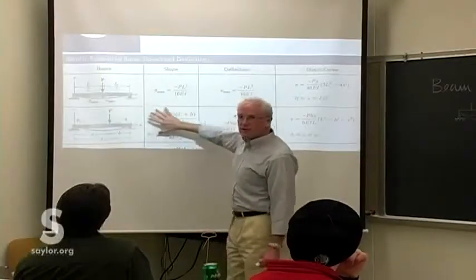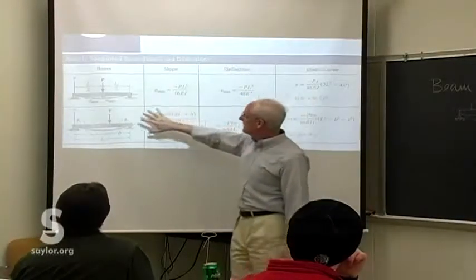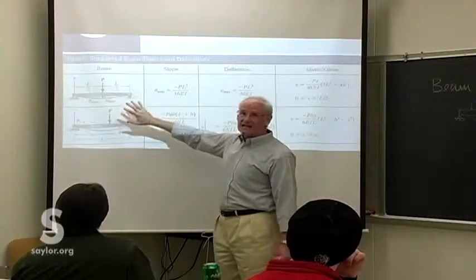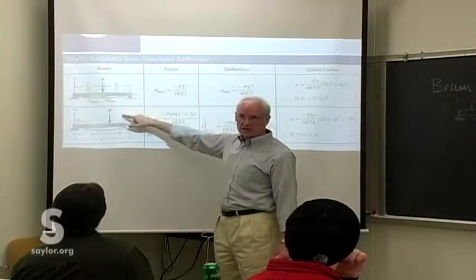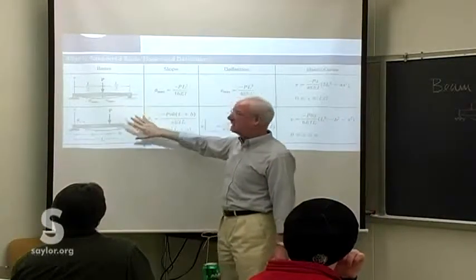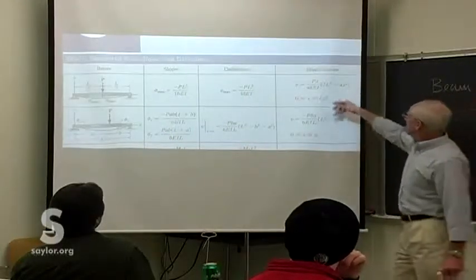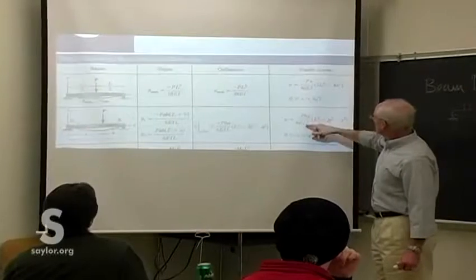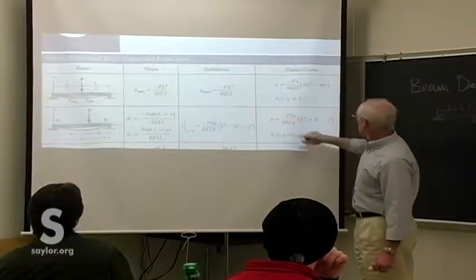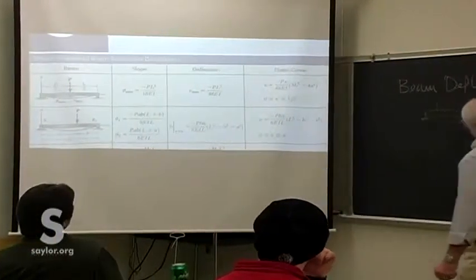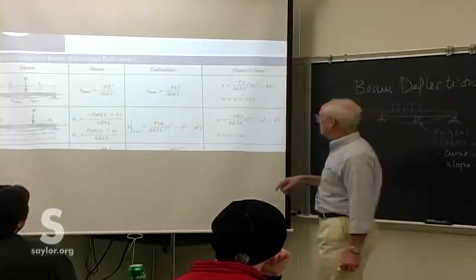Don't use one of these solutions just because the problem kind of looks like the picture. It has to look exactly like the picture. It has to be precisely this case. The last column is usually the beam curve itself, this curve that we were actually working on coming up with last Friday.